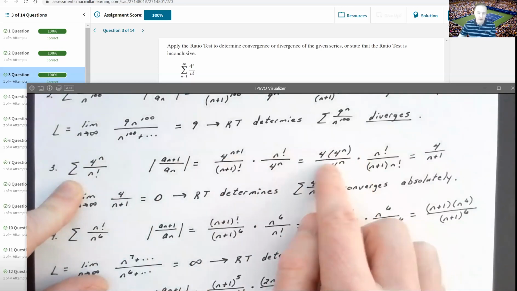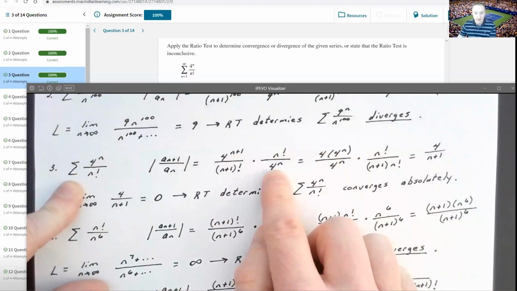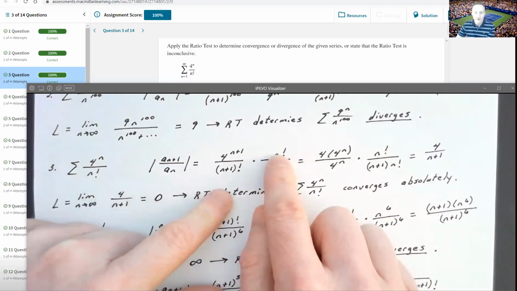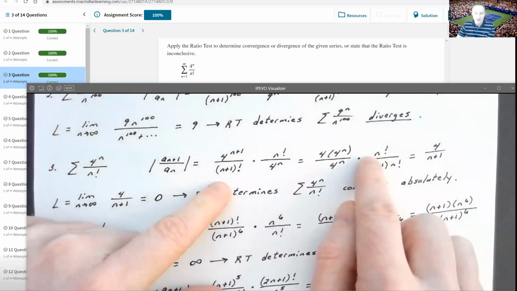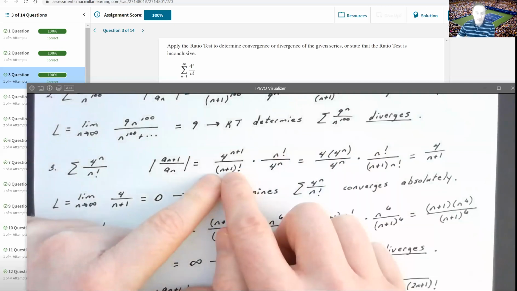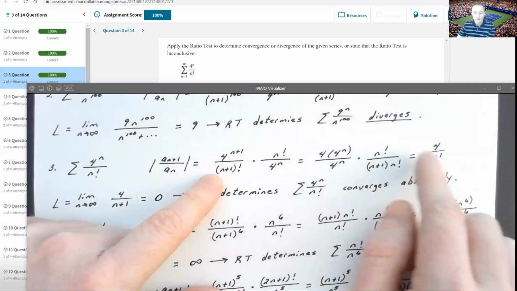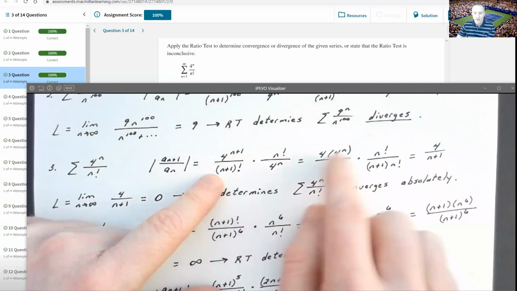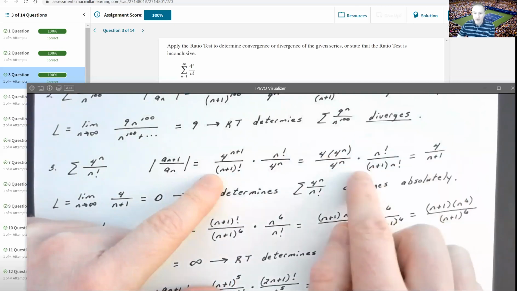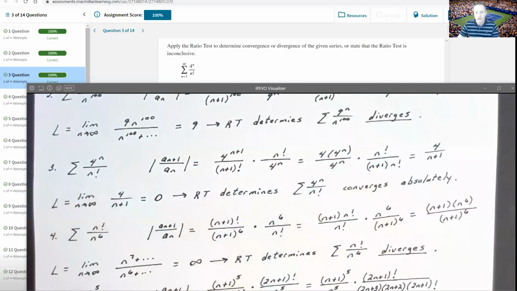That 4 to the n is going to cancel with the 4 to the n in the denominator. Now, as far as the factorials, I have the n factorial up top, but n plus 1 factorial means n plus 1 times n factorial. So the 4 to the n's cancel, the n factorials cancel. I'll be left with a 4 in the numerator and an n plus 1 in the denominator.